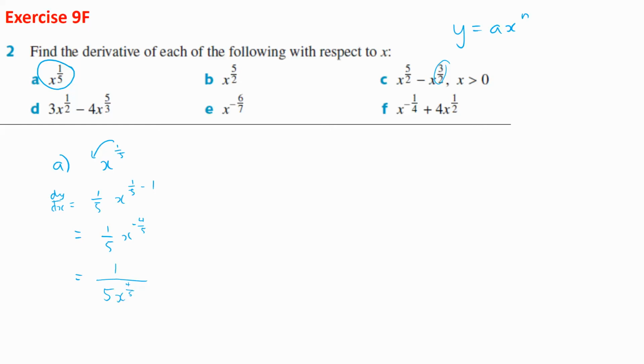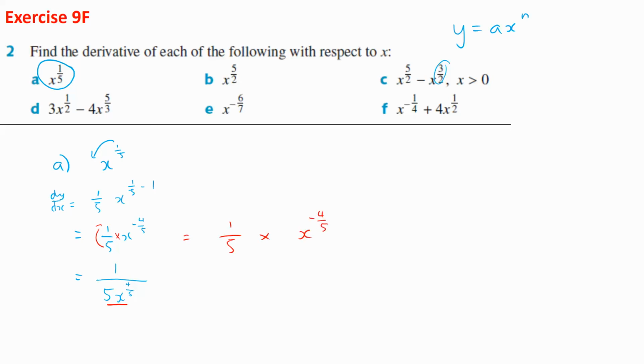Now I know this is one of the things as students, they skip steps. Now I'm going to show you why this stays together. There's a lot of times students, for some reason, mix everything up. They just get it wrong. Remember, write what you see. This is 1/5 times x to the power -4/5.